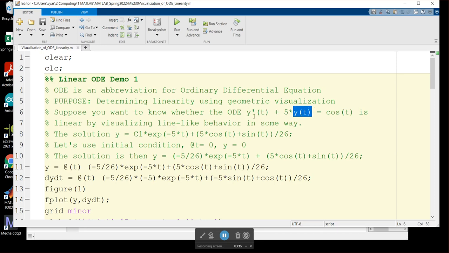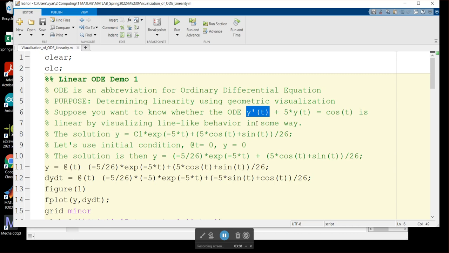So if I were to plot y of t versus y prime of t after solving this ODE, whatever comes out as a nonlinear expression, but if I keep that entire function on the horizontal axis, y of t on the horizontal axis, y prime of t on the vertical axis, then if this ODE is linear, it should come up like a line.